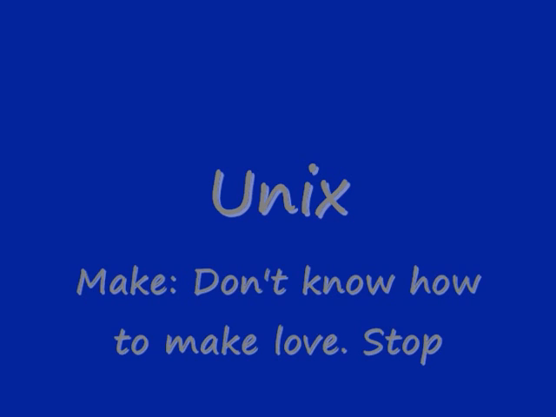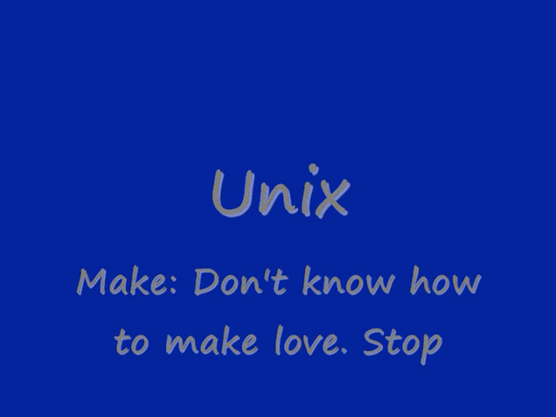Now let's start looking at some errors involved in the Unix operating system. The first one here is kind of an intentionally made error that comes out to be humorous. It's basically the way you use an operation and a modifier. In this case, you ask Unix to "make", which is the operation, and then "love", which is the modifier.